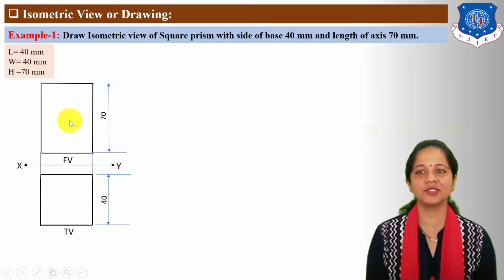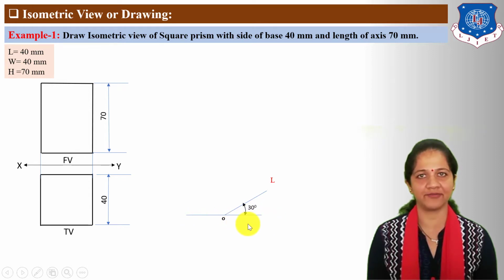Next, draw an isometric box taking the maximum length, width and height. First, draw a 30-degree angle line from the horizontal reference line, which indicates the x-axis, and take 40 mm length on the x-axis.